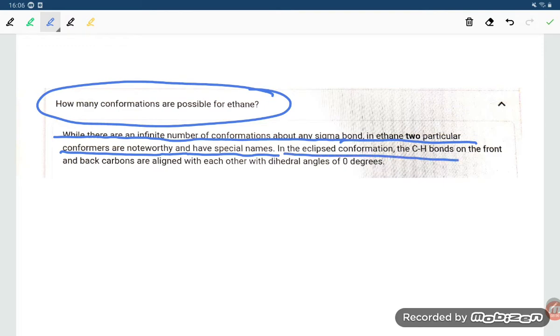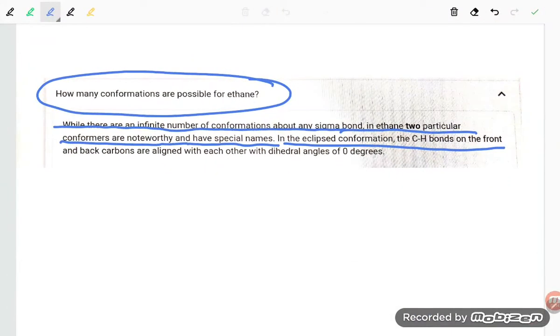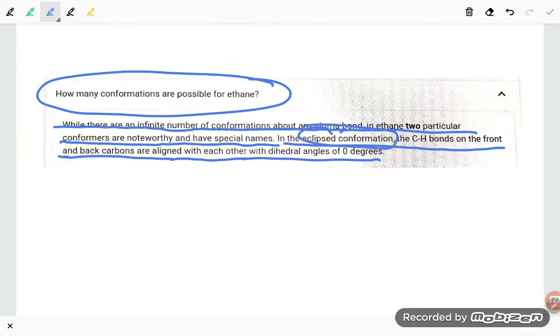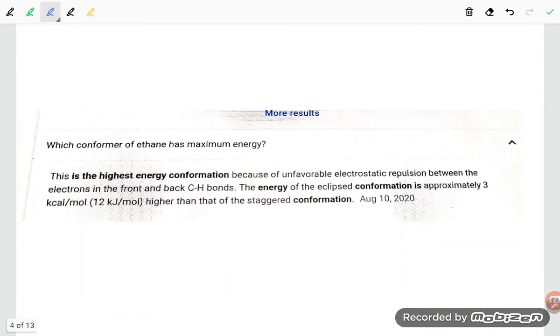In the eclipsed conformation, the CH bonds on the front carbon and back carbon are aligned with each other with a dihedral angle of 0 degrees.